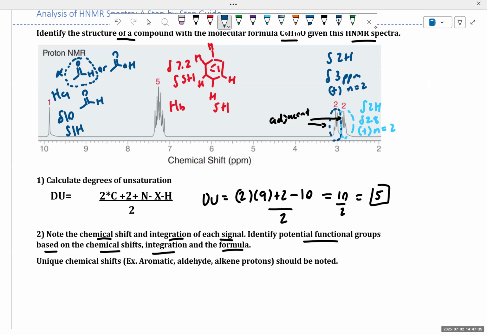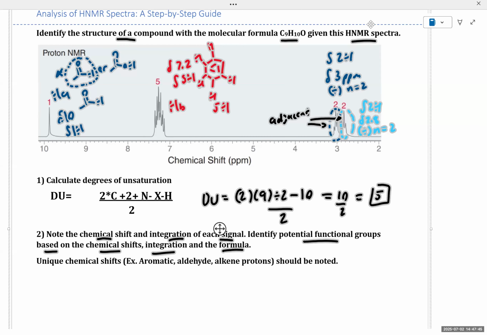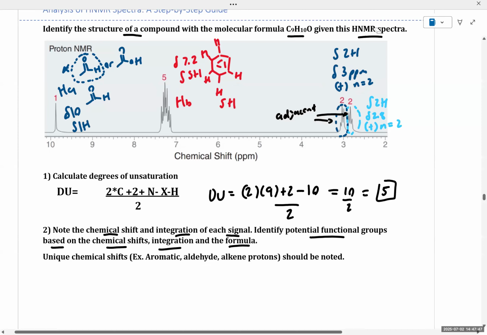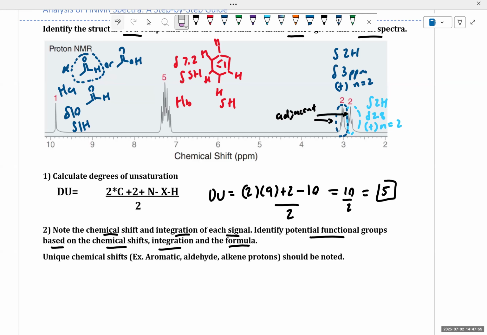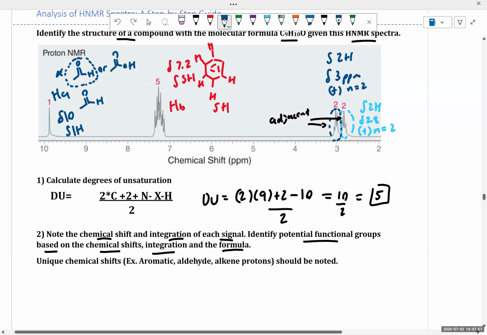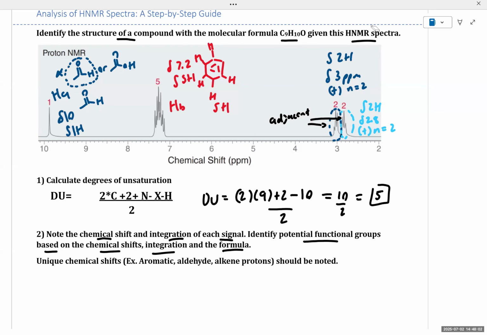Now, in terms of the identity of those protons, a chemical shift of around 3 parts per million, we could very easily assign that to likely be a pair of 2 protons that are adjacent to an aldehyde.